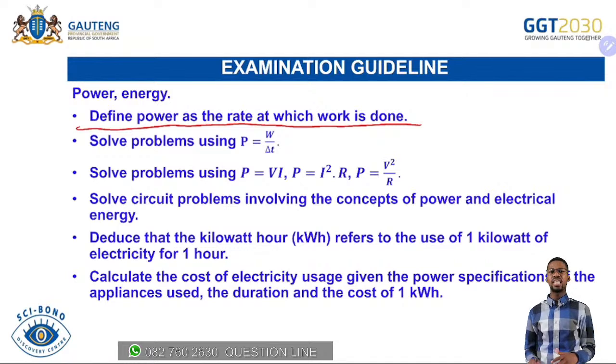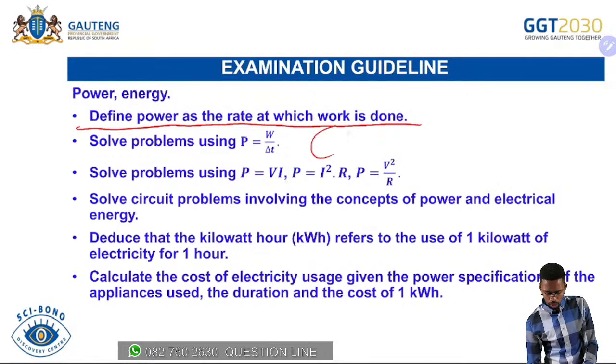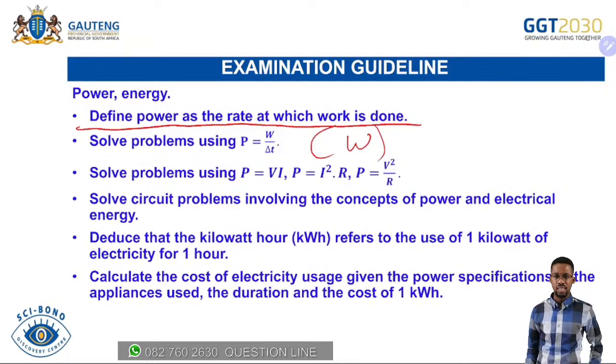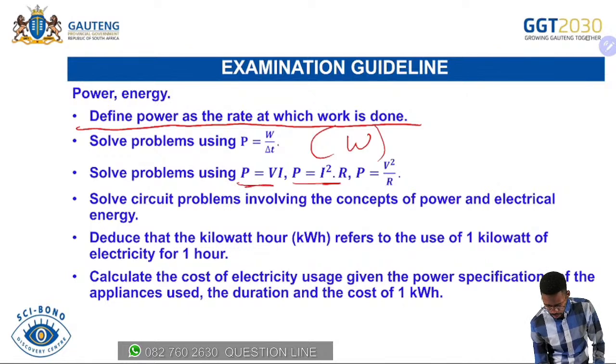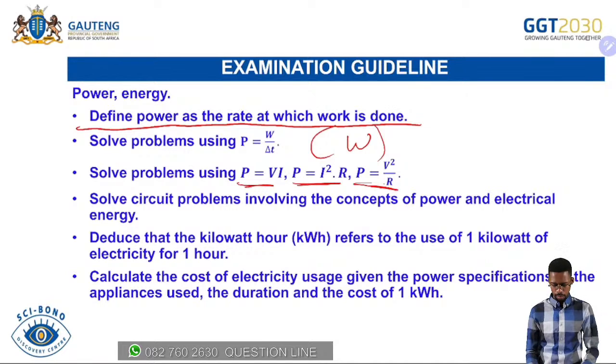So power is expressed by the formula power equals work done divided by change in time, and the unit for power is watts. You'll be required to solve problems using three fundamental equations of power. We'll look at their relationship more today.